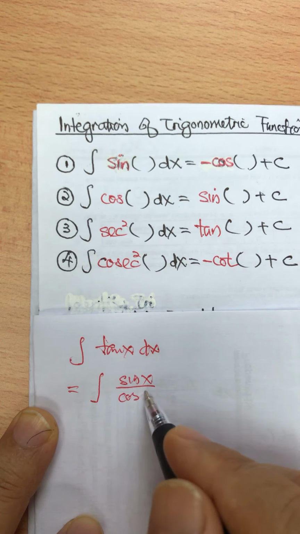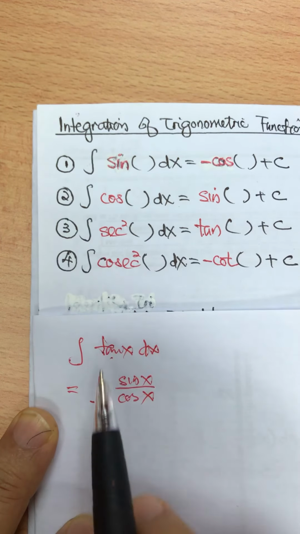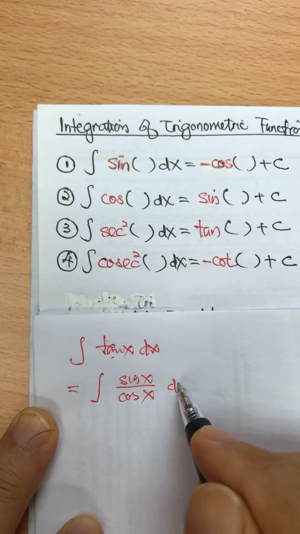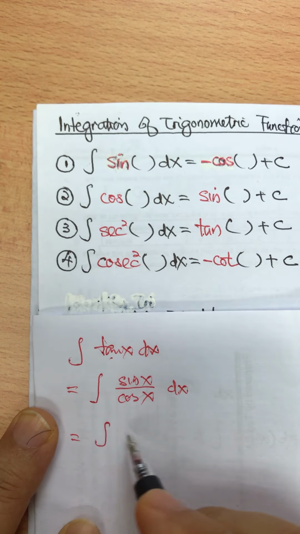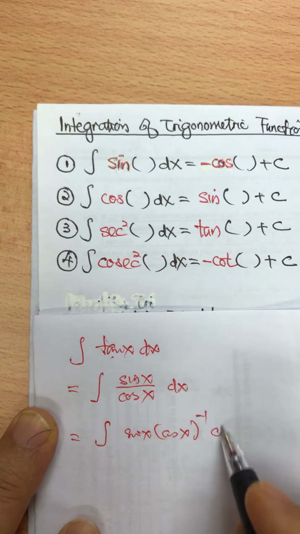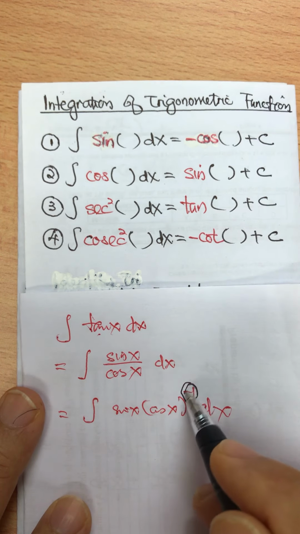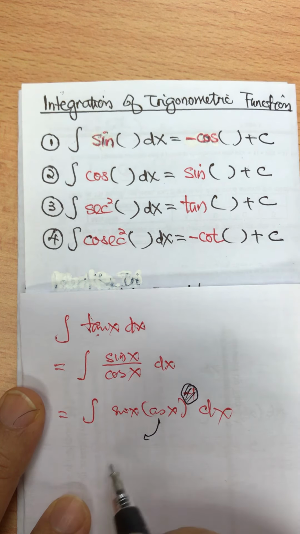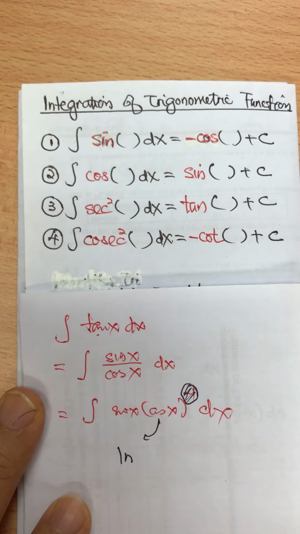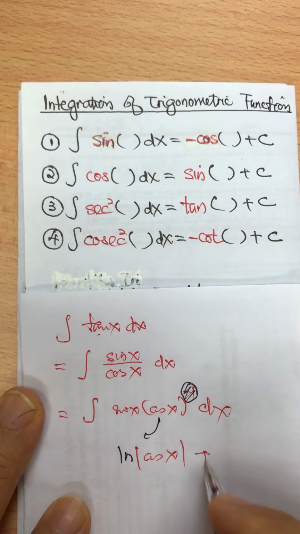If you want to integrate any trigonometric function which is not here, then you use the identity. That means this one can become sine x over cos x, negative 1 dx. Now we are going to integrate the negative 1. Integrate it will give you the ln, isn't it?